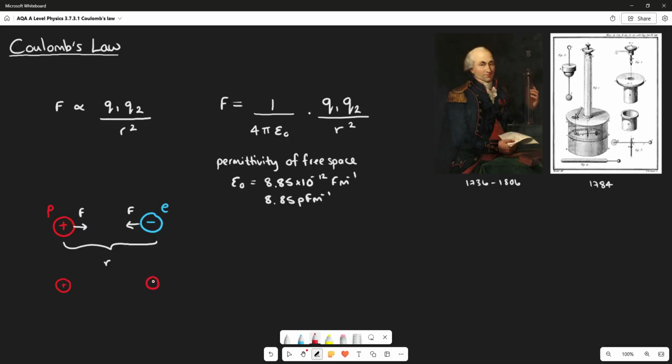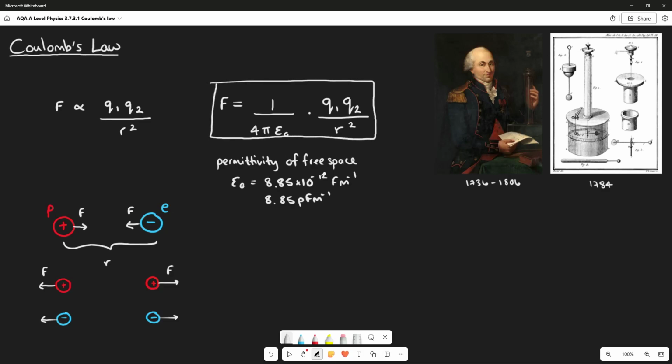We know that if you have two positive objects, they are going to repel. Or two negative objects, they are also going to repel. Coulomb's law will allow you to calculate the magnitude of this force.